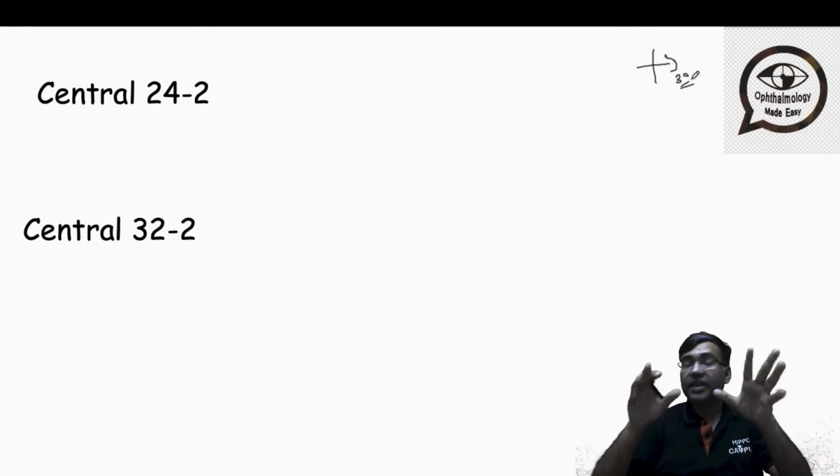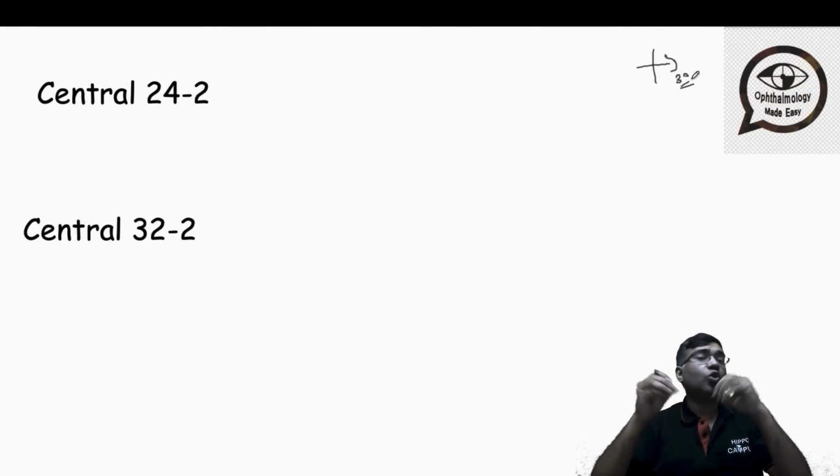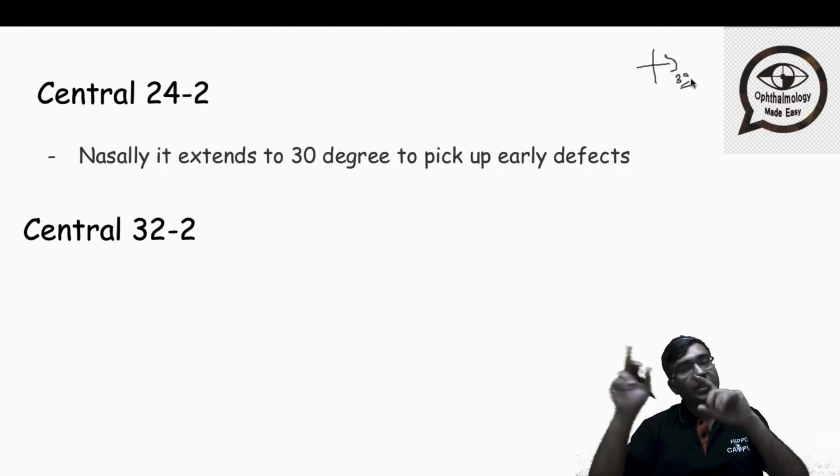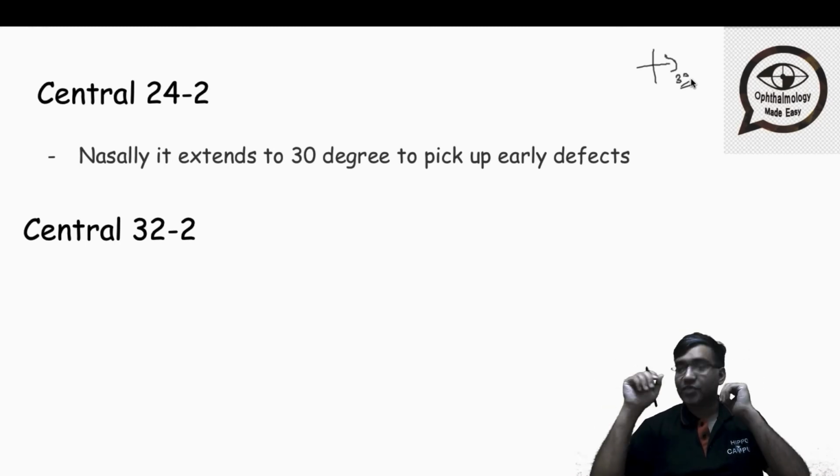Because you must know that a very early glaucomatous defect may be a nasal step. So to identify or diagnose a nasal step, central 24-2 nasally extends to 30-2. This is an important viva question and an MCQ.